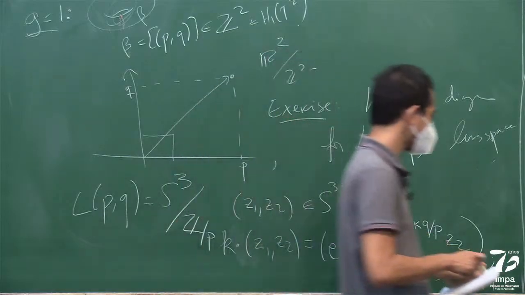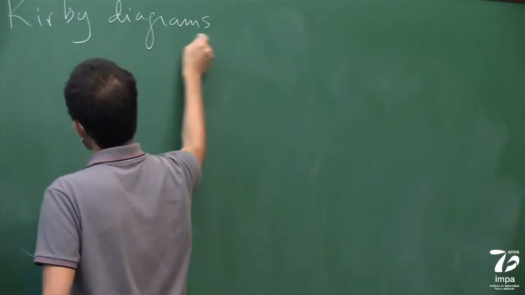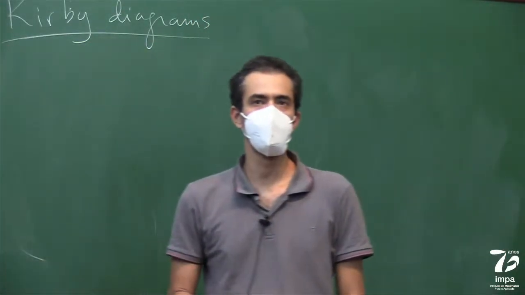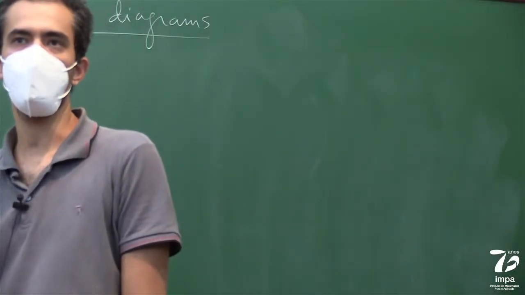Okay. All right, so now let's talk about Kirby diagrams. This is a way to understand, again, it's not a complete classification, but it's a way to understand four manifolds.